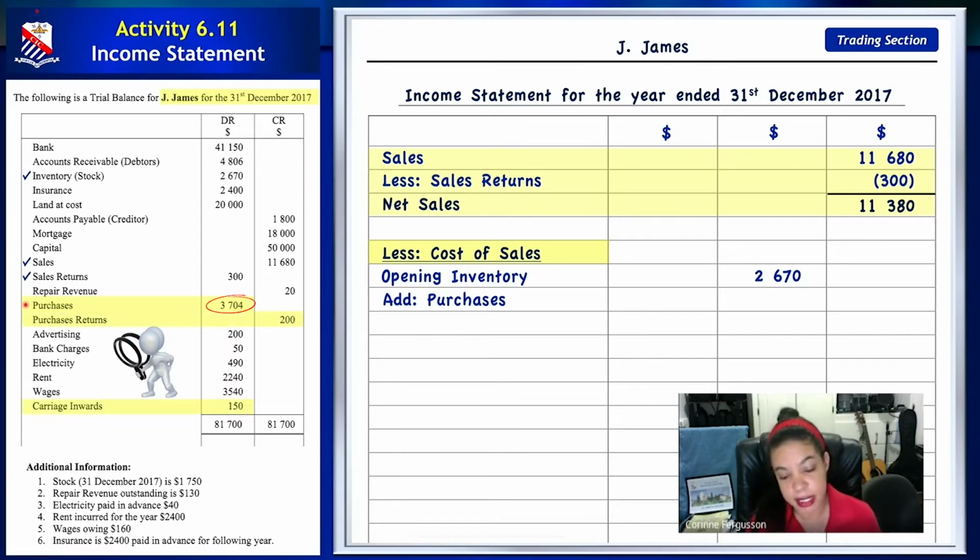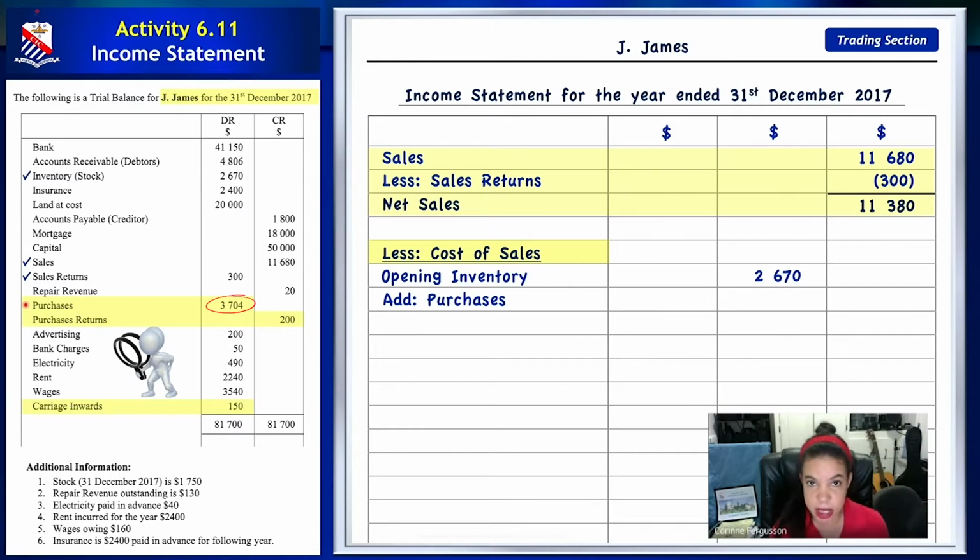And you would see that yes, we do. We have a purchases return of $200 and we have a carriage inwards of $150. So basically, that means that your purchases has some adjustment to be done. So it cannot be added to opening inventory as yet.